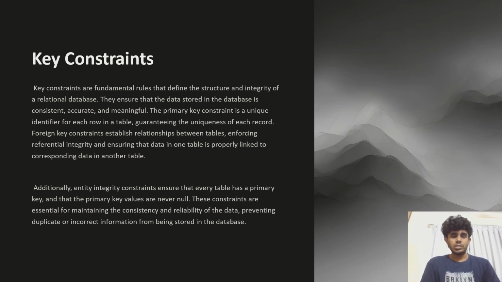Additionally, entity integrity constraints ensure that every table has a primary key and that the primary key values are never null. These constraints are essential for maintaining the consistency and reliability of the data, preventing duplicate or incorrect information from being stored in the database.